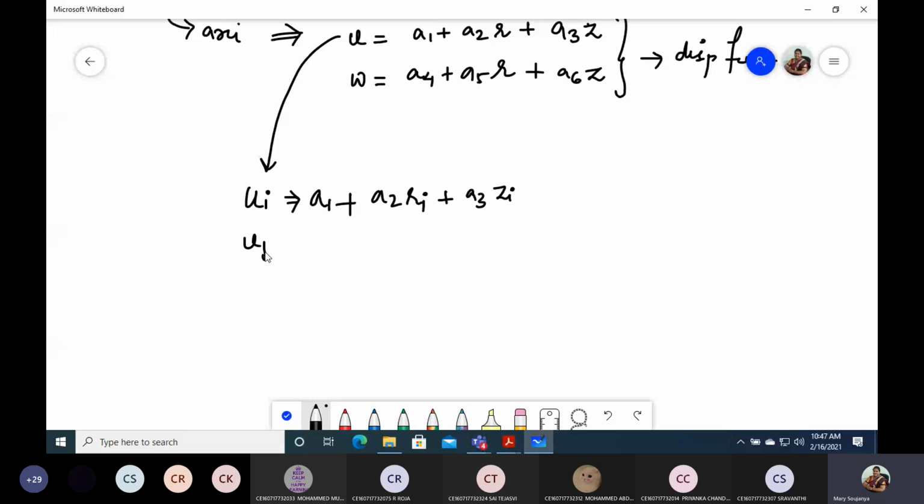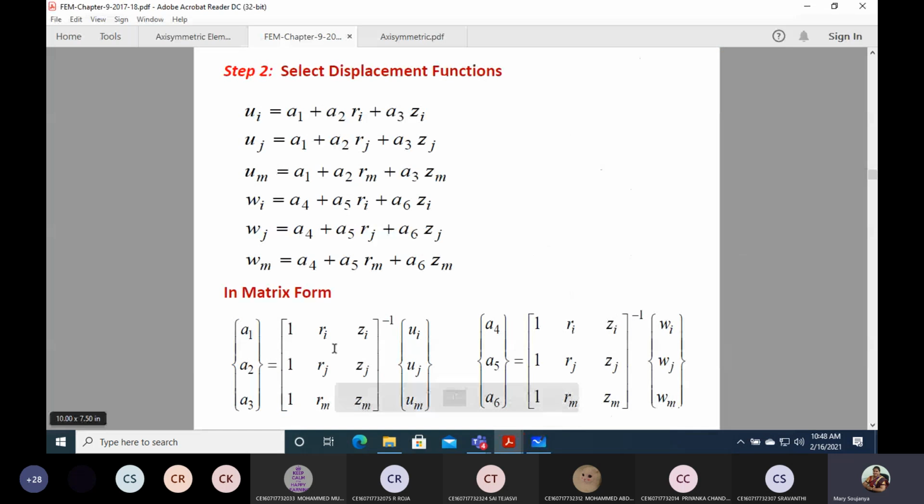Similarly for uj, similarly for um. Same goes for wi, wj and wm. Those are the displacement functions with respect to the r direction and the z direction. The same thing is shown here.